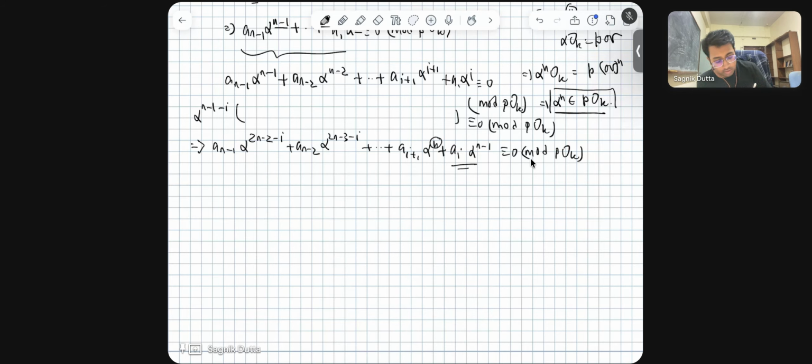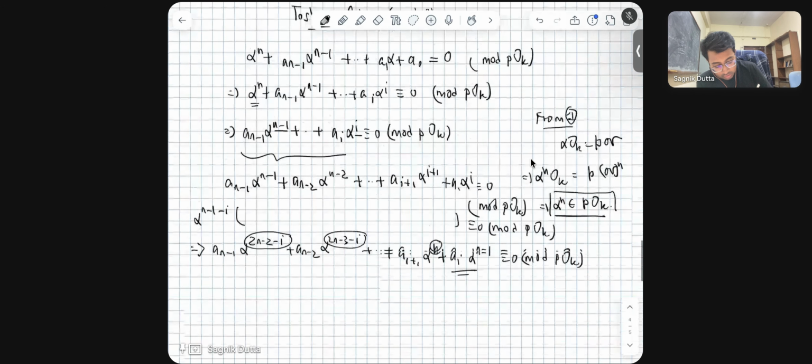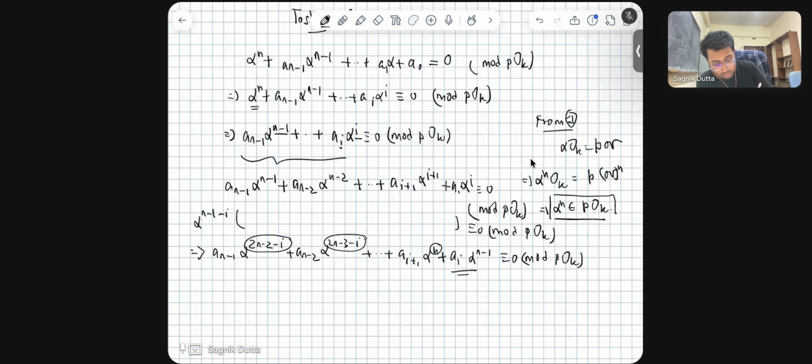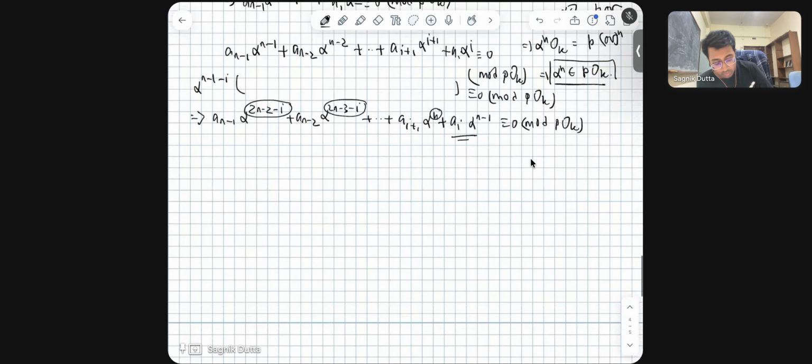This is n, this is also bigger than n, this is also bigger than n, because i is running from, remember, 0 to n minus 1, because i were the coefficients at this a i. So all of these are bigger than n, so all of these terms will be divisible by p.